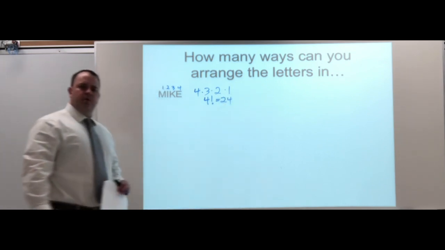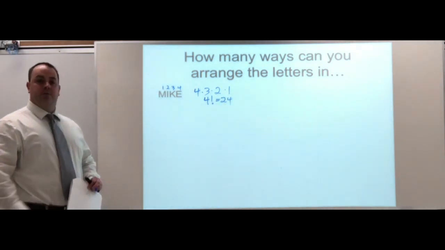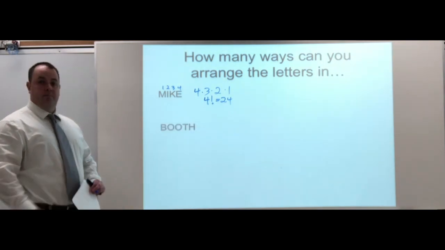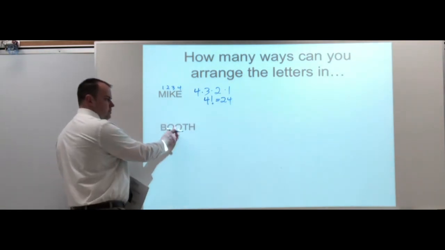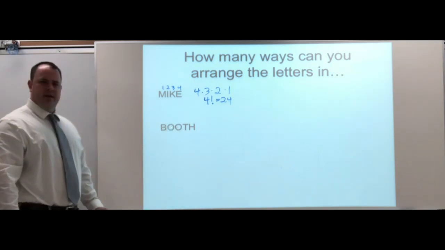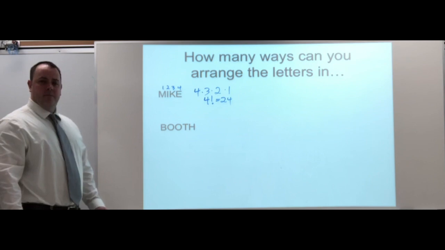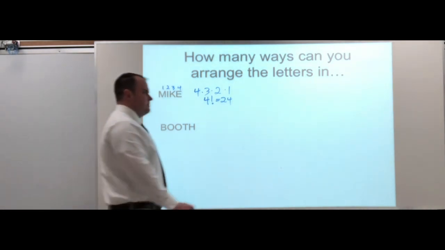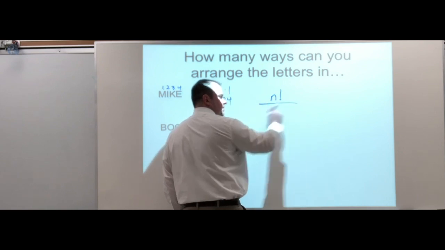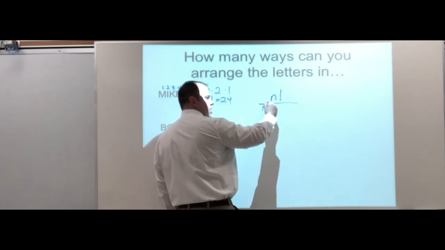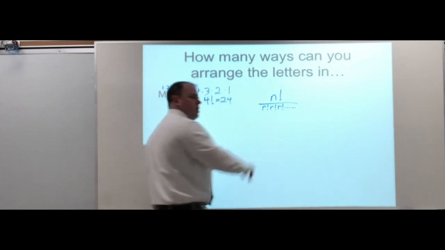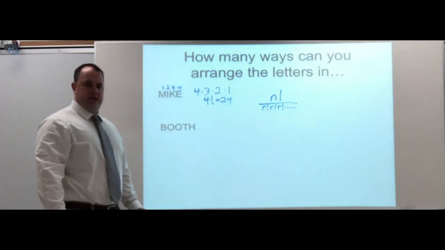Okay? So if there's no repeat letters, you can just do the factorial for how many total letters there are. Now for a word like booth though, there's 2 O's. Okay? If those O's are the only 2 things that switch spots, is that really a different word? No. So the way we're going to do this is n factorial divided by r factorial, r factorial, r factorial, and those r's represent how many letters repeat.